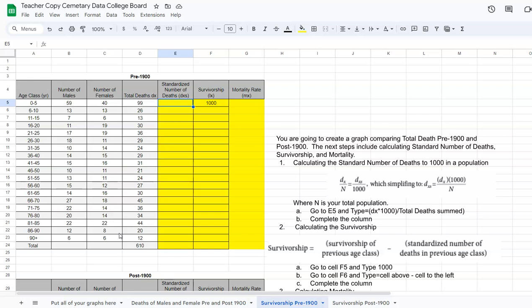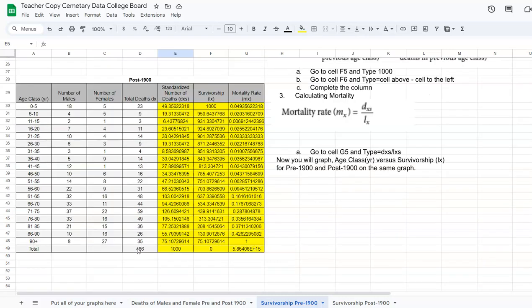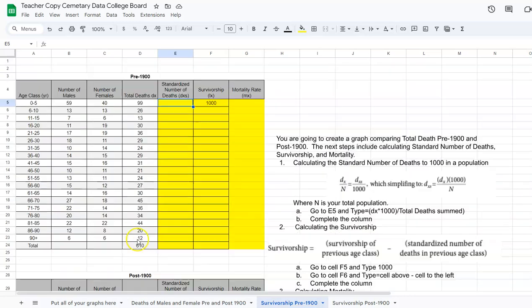Could you really compare them? Probably not, because their game time is not the same. It's sort of the same with the populations. It's hard for us to compare when they're that much different apart, like 30% difference. So what we're going to do is called standardize. We're going to standardize the number of deaths in each population to 1,000.